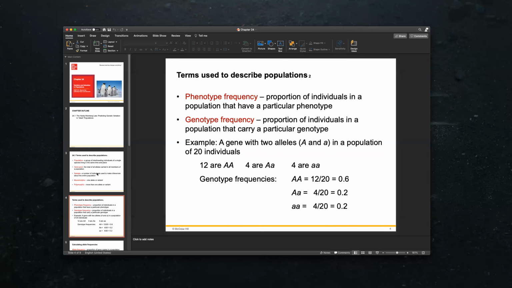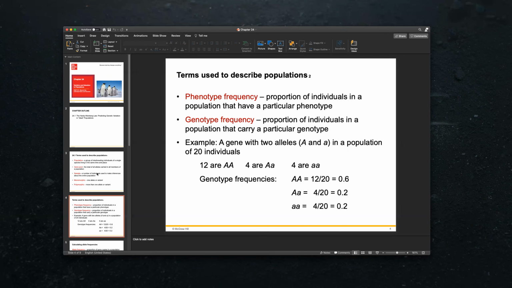All right. Phenotype frequency is the proportion of individuals in a population that have that particular phenotype. Genotype frequency is the same thing, but with genotype. So here's a gene with 2 alleles, capital A, little a, and a population of 20 individuals. 12 are homozygous for capital A, 4 are heterozygous, capital A, little a, and 4 are homozygous little a.